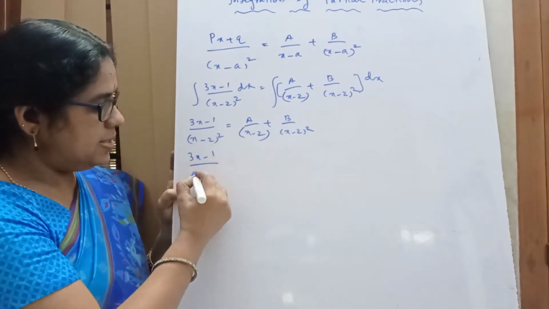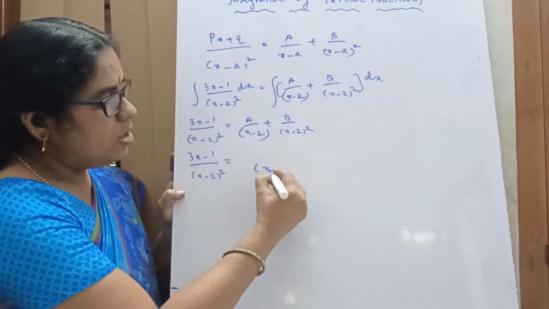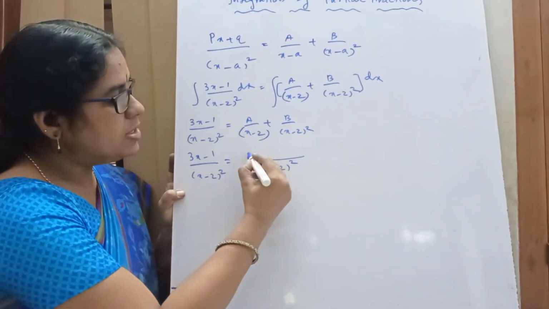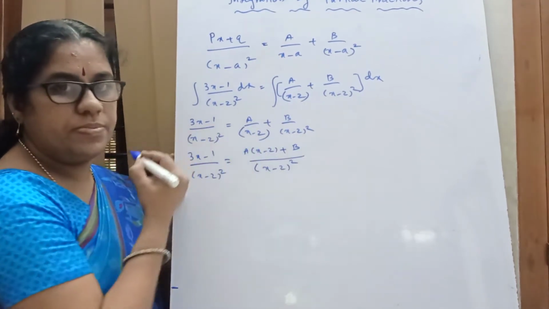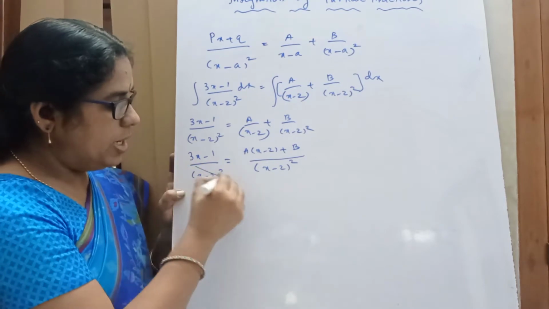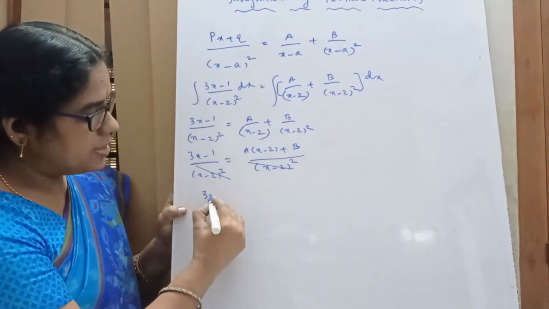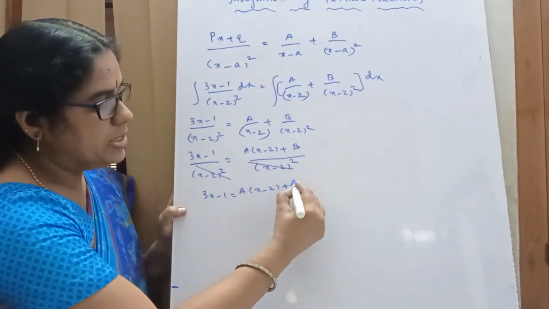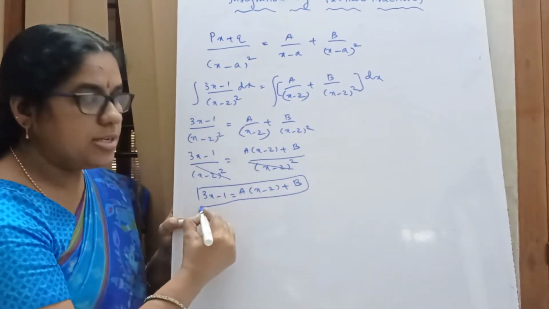The LCM is (x - 2) the whole square. Then the first term becomes A into (x - 2), plus B. Here the denominators are the same, so we can cancel. Therefore, we get 3x - 1 equals A into (x - 2) plus B. From this step, we have to find A and B.